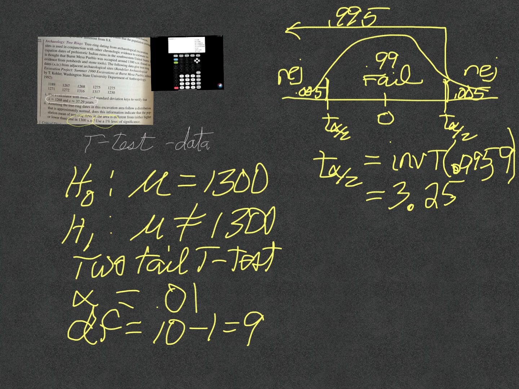So having done that on my calculator, I got 3.25 for this t-value here, and that means the one over here is negative 3.25.